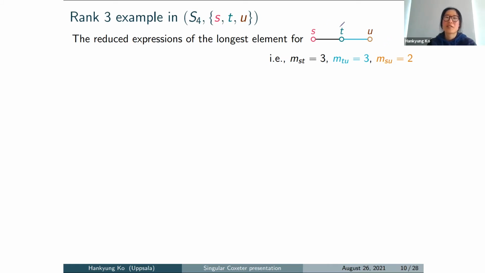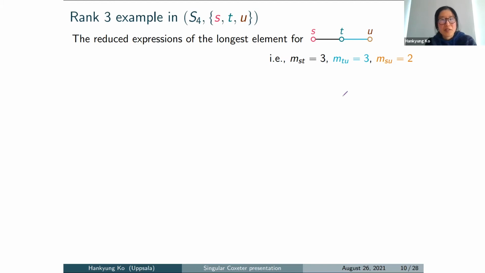You write the generators as vertices, and if the braid relation between them has number 3, then you draw an edge. S and U commute, and there is no direct edge between S and U.